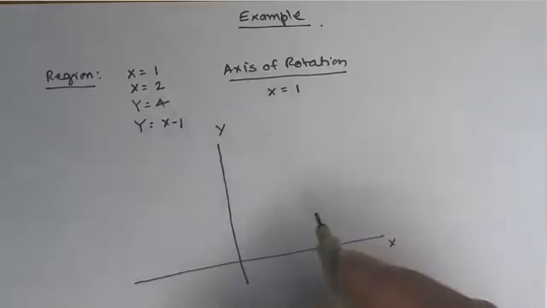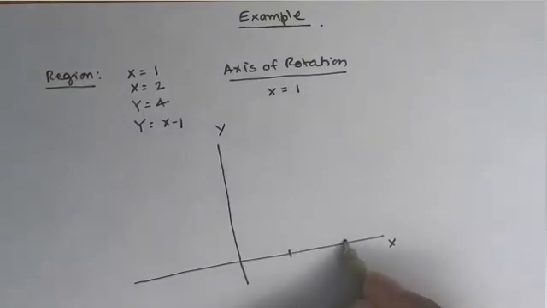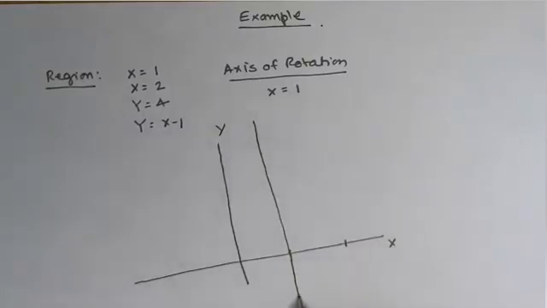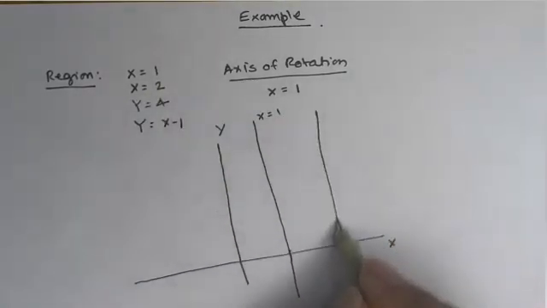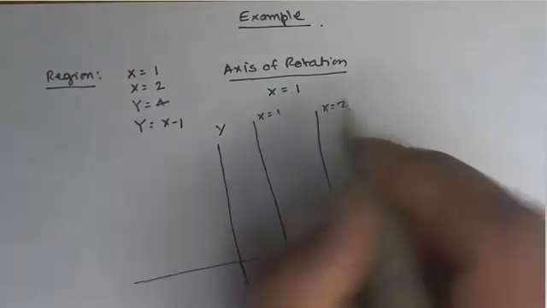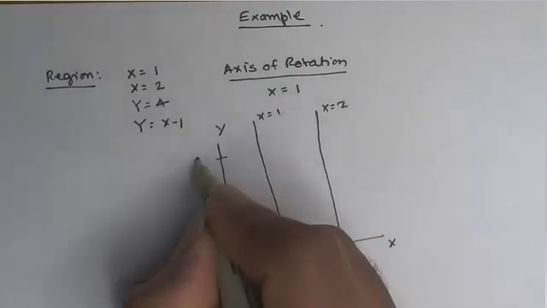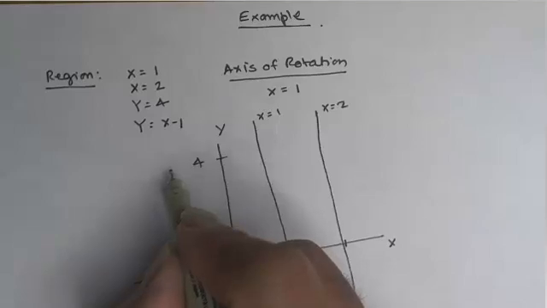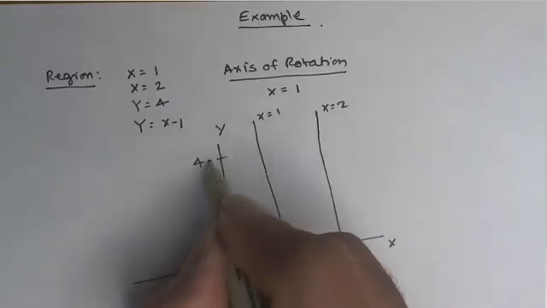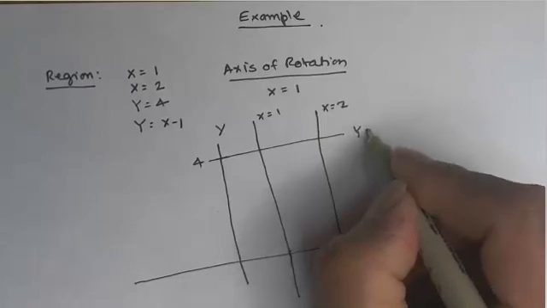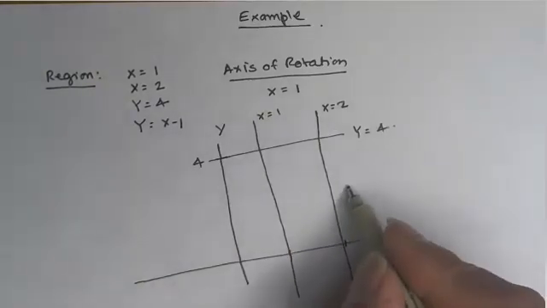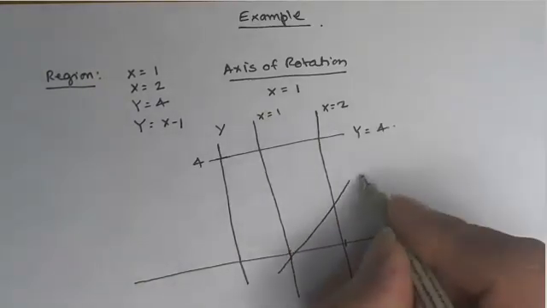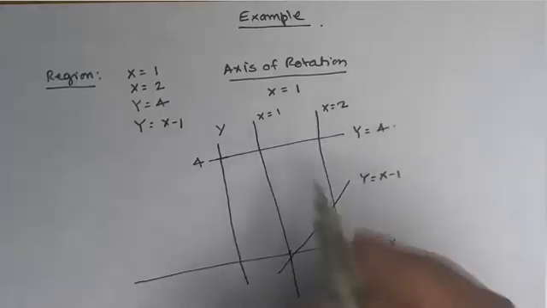X, Y, x equal to 1, x equal to 2, y equal to 4, and the axis of rotation, and this is the graph of y equals x minus 1.